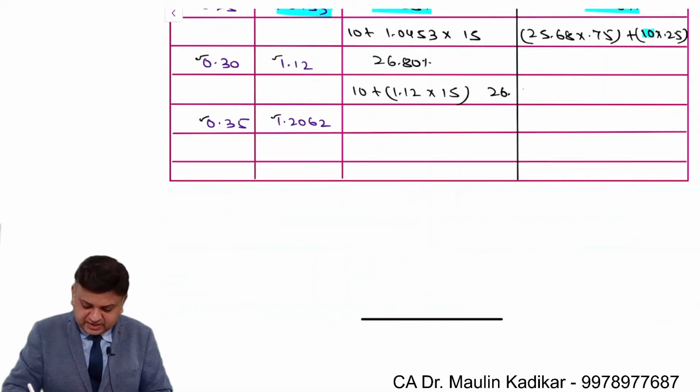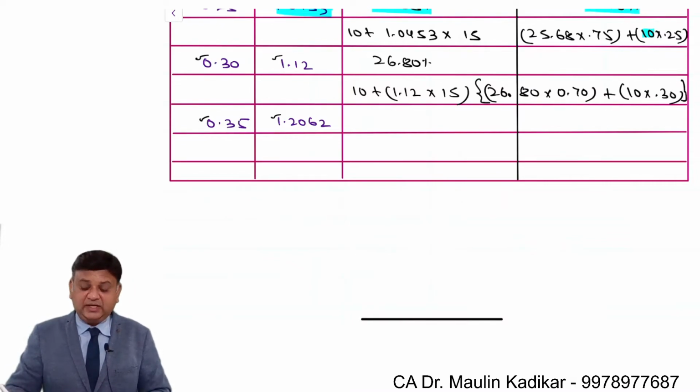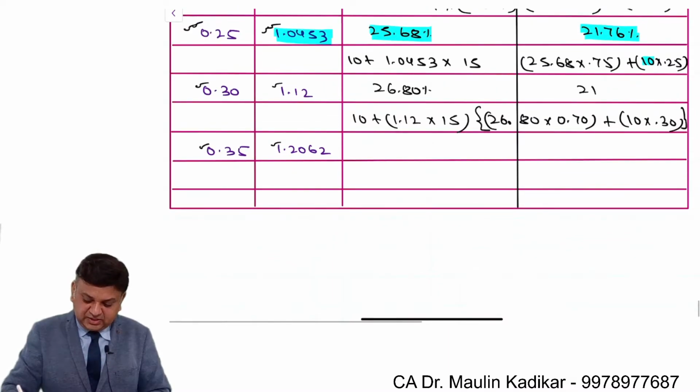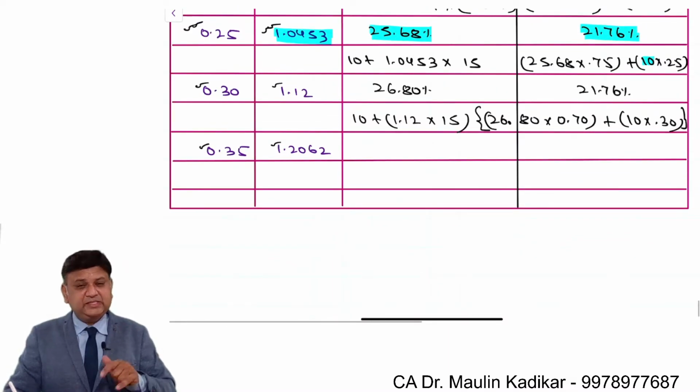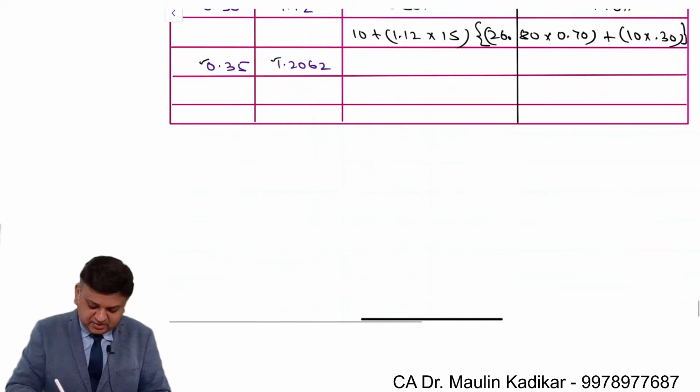So 26.8 into 0.70 plus 10 into 0.30. 26.8 into 0.7 plus 3 comes to 21.76 once again. The same explanation is repeated, friends. Now I hope that everybody is able to understand it.